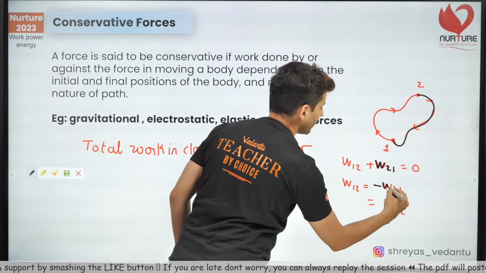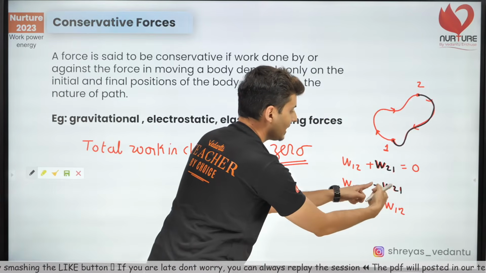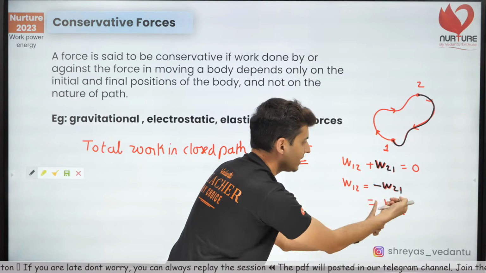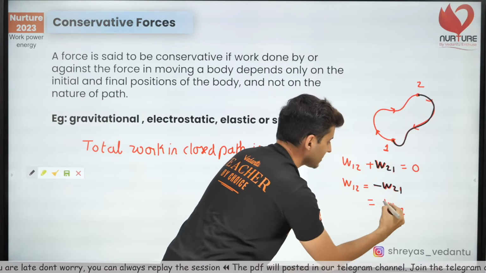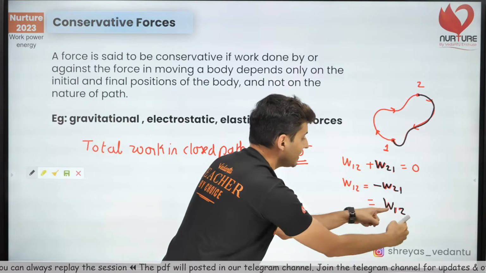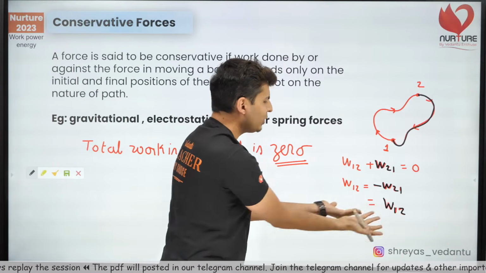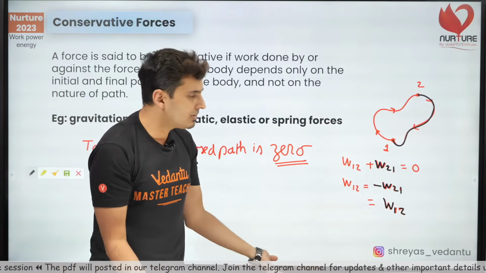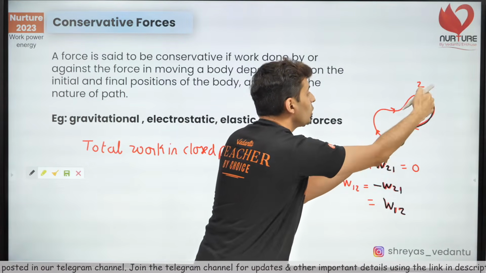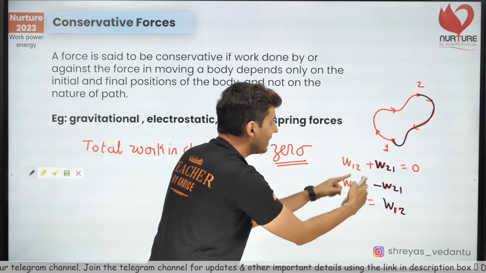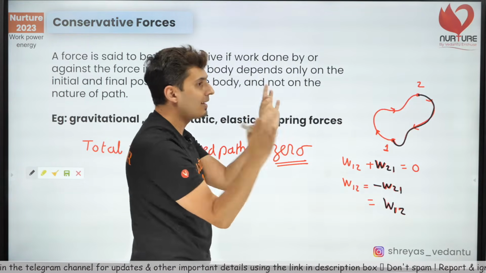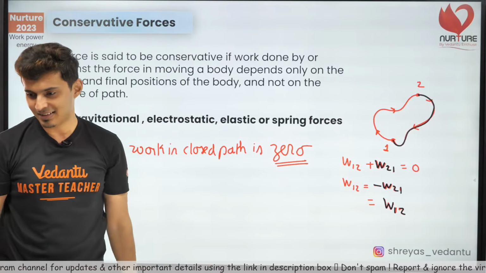So when I take it over here and take that minus, I absorb that minus sign inside. So I just interchange those subscripts. It becomes W12. You might be like, sir, W12 is W12, what nonsense? It's the same thing, right? No. This means when I go from 1 to 2 via this path, or whether I go from 1 to 2 via that path, it's the same thing, the same work will be done. That's what it is.